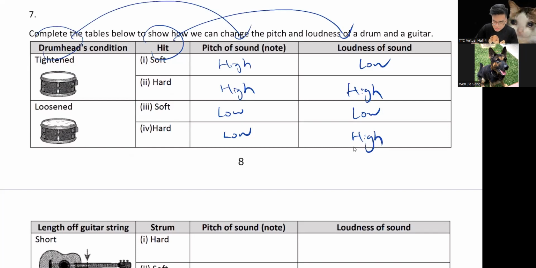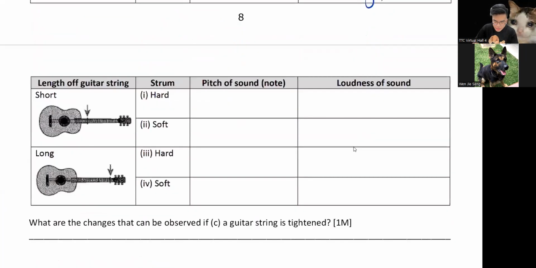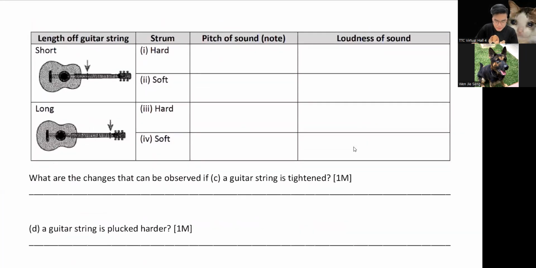Easy. Same goes for our guitar, it's the same answer here. If the string is very short, it will vibrate very fast, so it will be high pitch. If you play guitar, you know. You press it here, the pitch is very high. If you press it here, the pitch is very low because the string is very long here, so it vibrates slower. For loudness, if I strum it hard, the volume will be high.